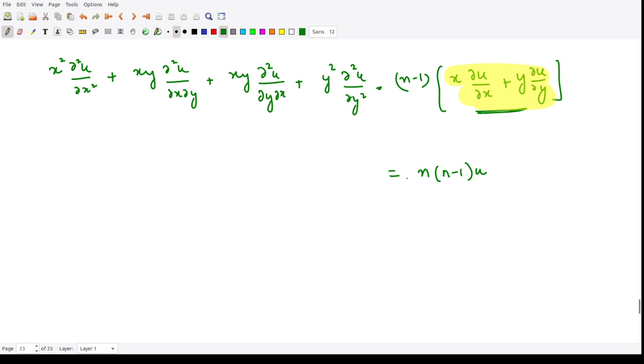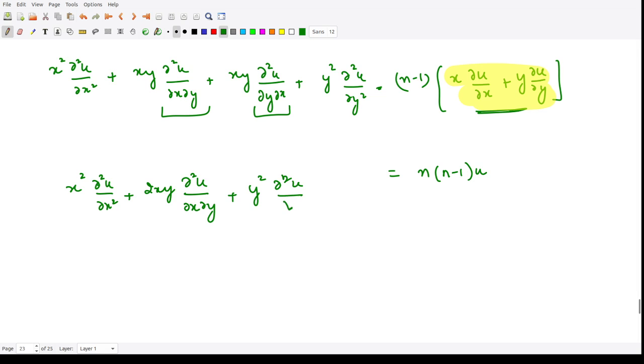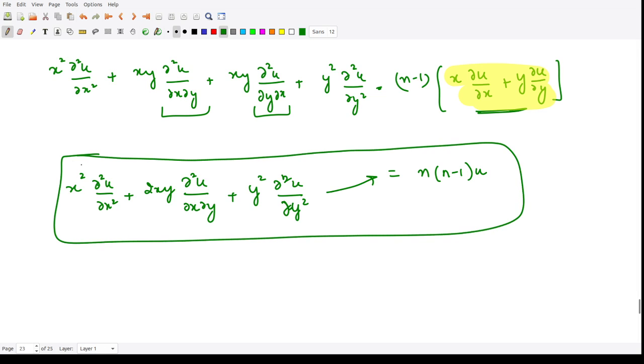And on the left hand side, because this quantity is the same as this quantity since they are continuous functions, we have x square del 2u by del x square plus 2xy of del 2u by del x del y plus y square del 2u by del y2. This is equal to this quantity, and this is what we were required to prove. So this is the proof.